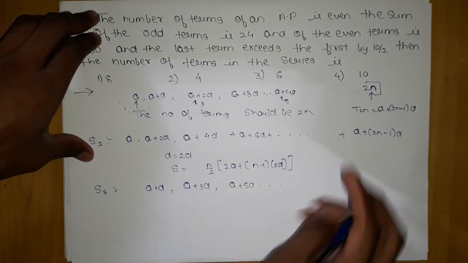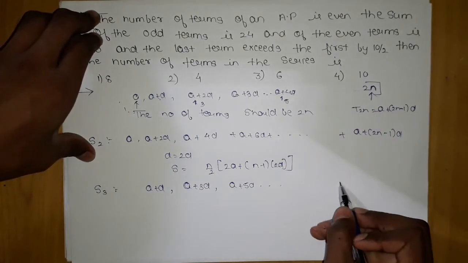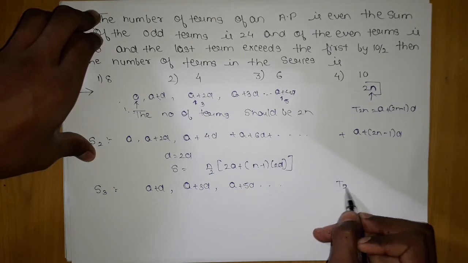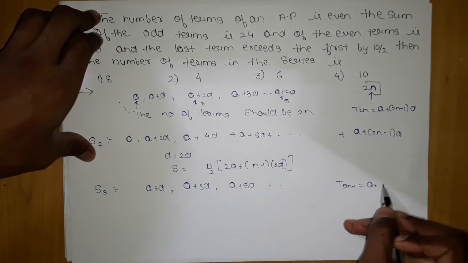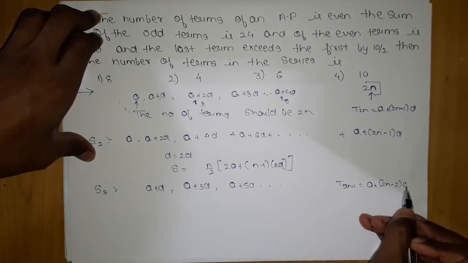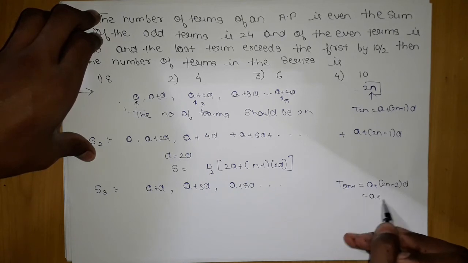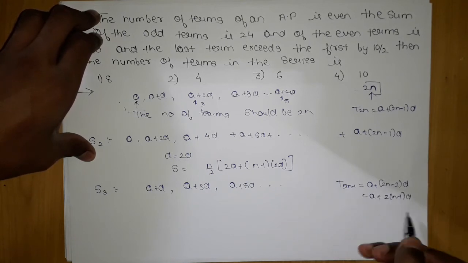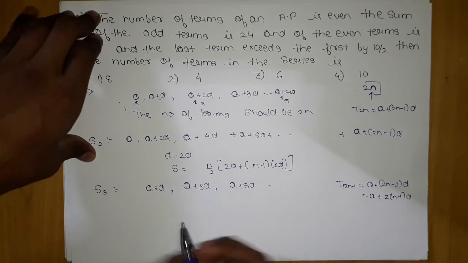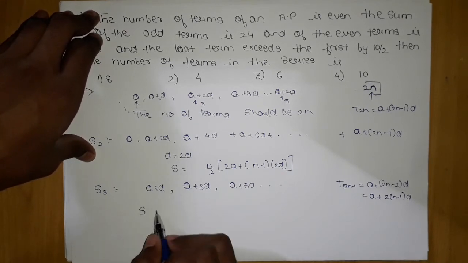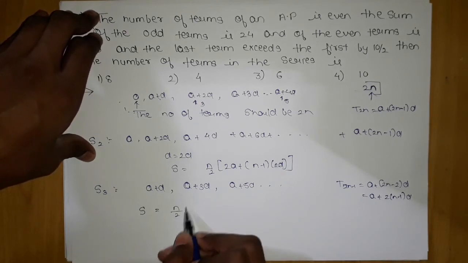The last term will be T2n, just before it is T2n minus 1. So a plus (2n minus 2) into d will give me a plus (2n minus 1) into d. It doesn't matter if you write it like this. This is my last term. Now I want to find its sum. Its sum will be the same, since n terms will be there here also.